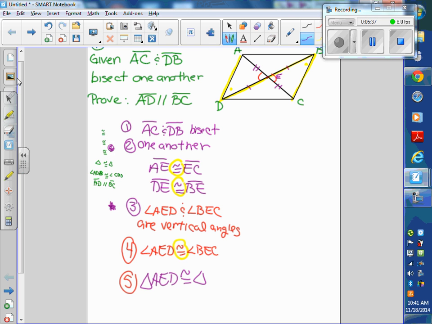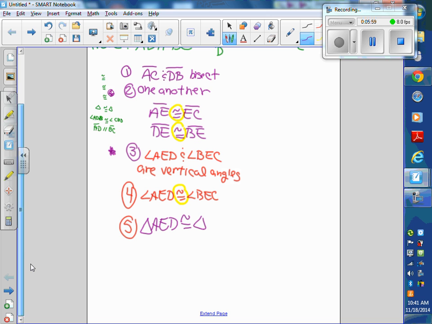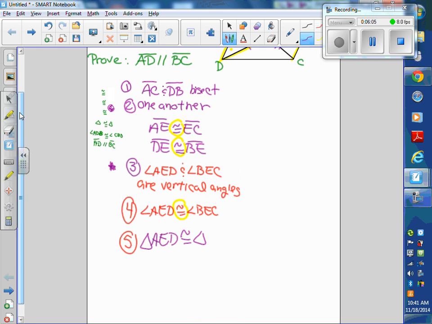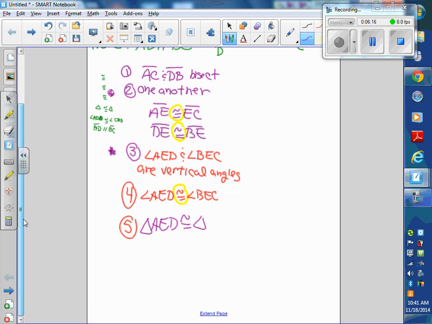Now, if it's a big proof, I'll be really honest with you, and you leave that out, you're not going to lose points. You could go from 2 to 4. But I do think it helps you remember why you do things. So if you look at the corrected stuff, you'll see it both ways. I would allow you to go to step 4 from step 2. I'm just trying to show you what they are and then what that means. It's just a thorough habit.